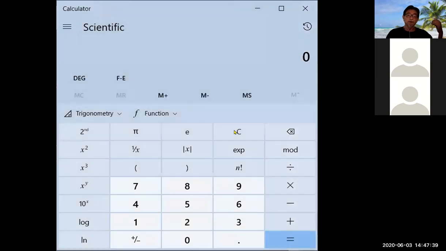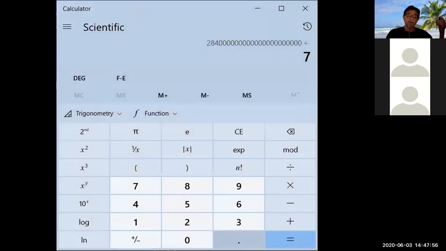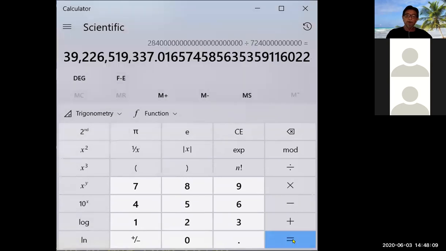Okay, so I would clear it. I got that 2.84, okay, exponent to the 23rd, okay, and then we're going to divide by 7.24 exponent to the 12th power, okay. Then we hit the equal like you normally would.